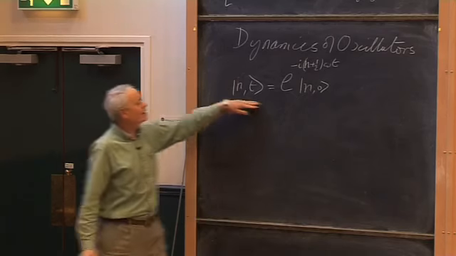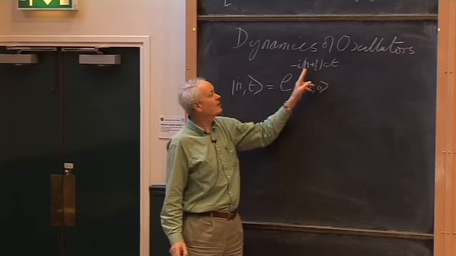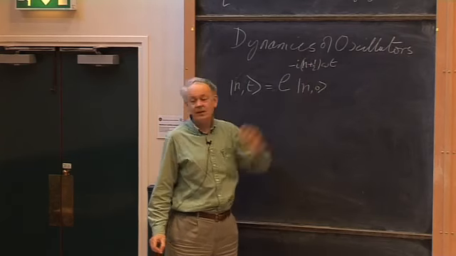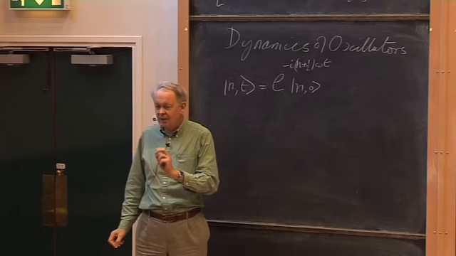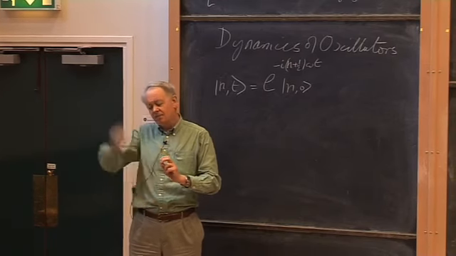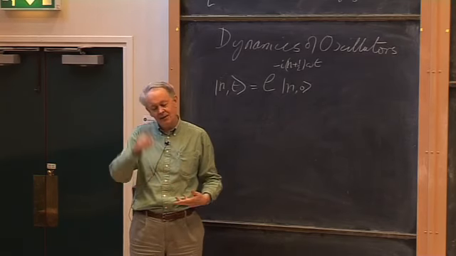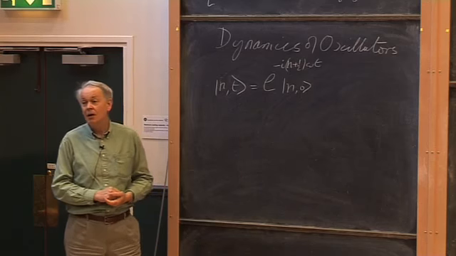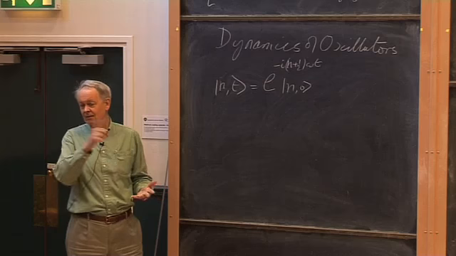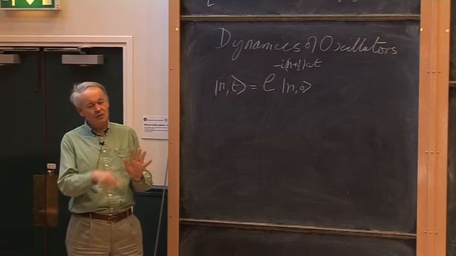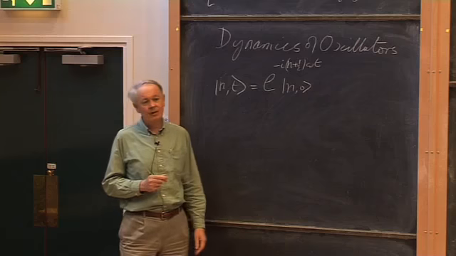So each and every one of these states has a phase which increments in time at a frequency n plus a half omega, but the oscillator oscillates at a frequency omega, right? So we have to explain how it is that the oscillator oscillates at a frequency omega, but none of these stationary states evolves in time with a frequency omega, not one.